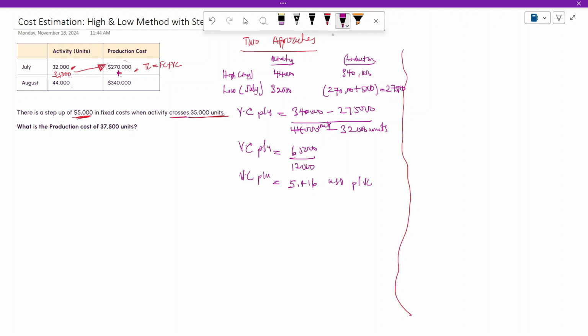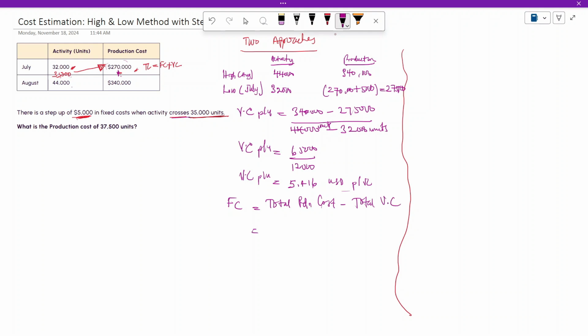Okay, now having established the variable cost per unit, let's go on and establish the fixed cost. The fixed cost is equal to your total production cost minus your total variable cost.